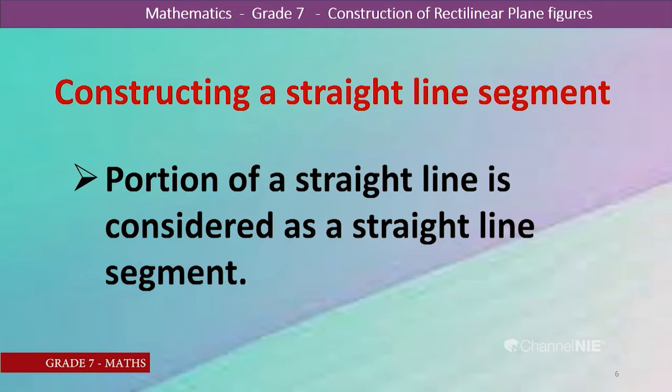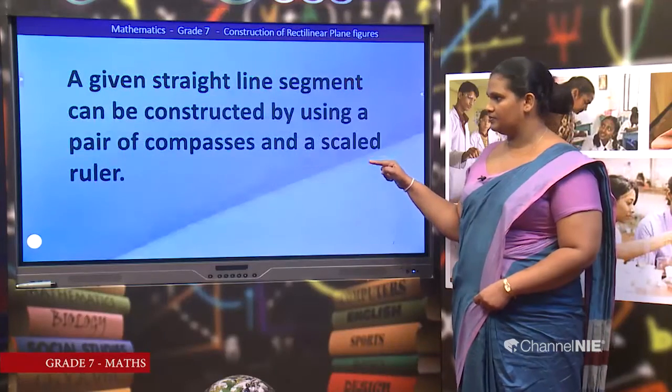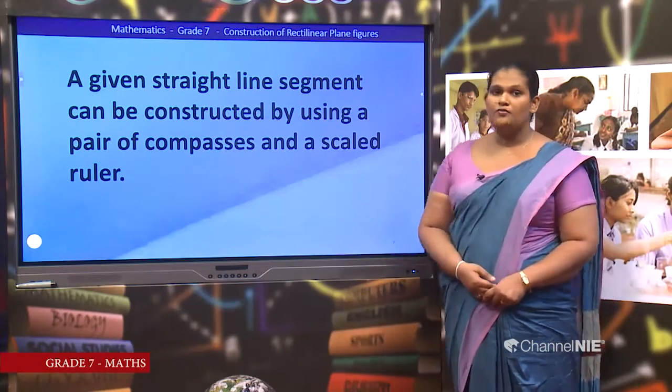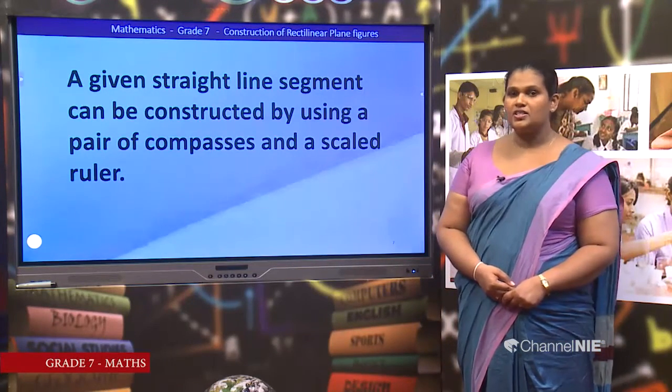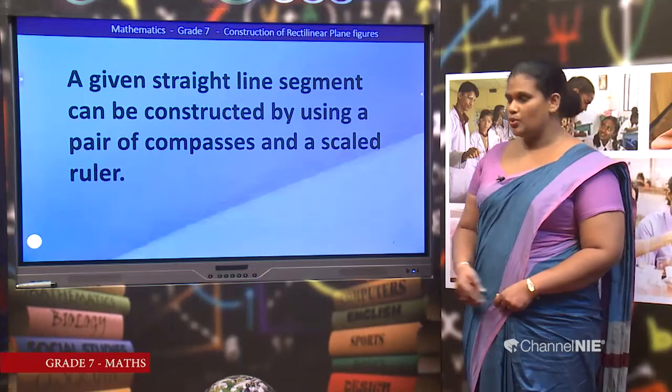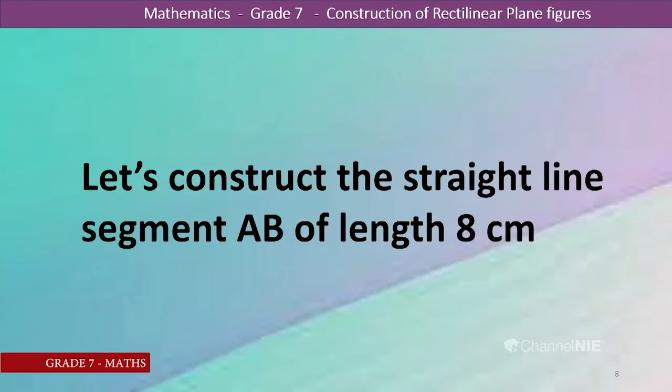So, we can say portion of a straight line is considered as a straight line segment. So, we have to construct the given straight line according to its given measurements. So, we will move on to some constructions.